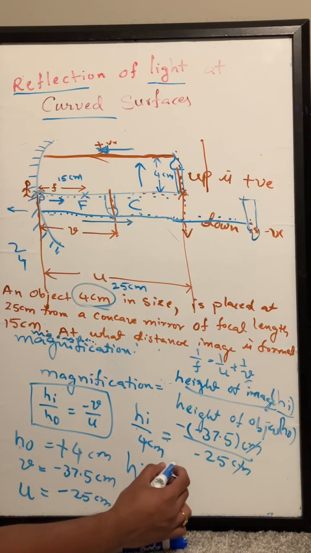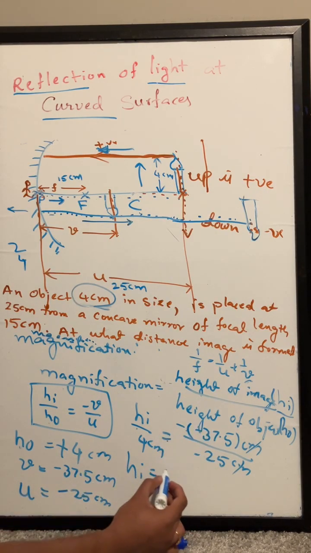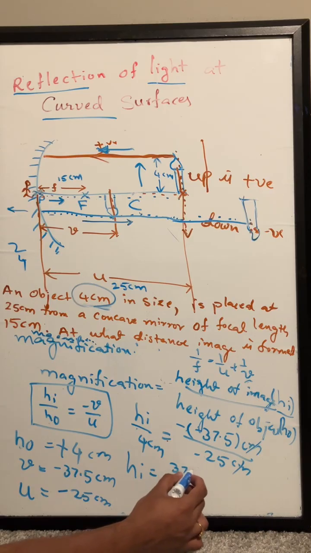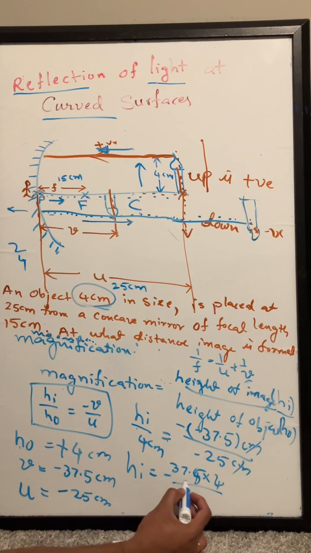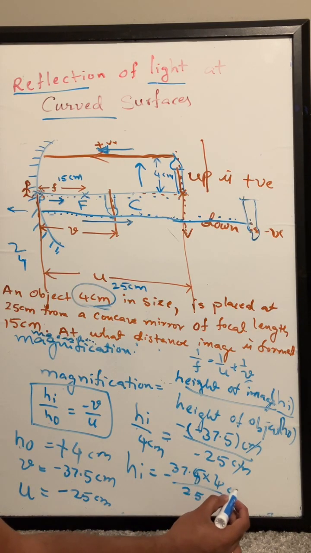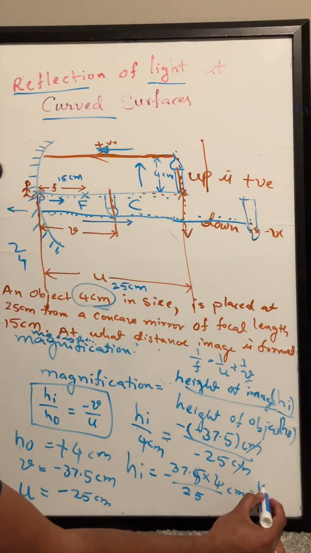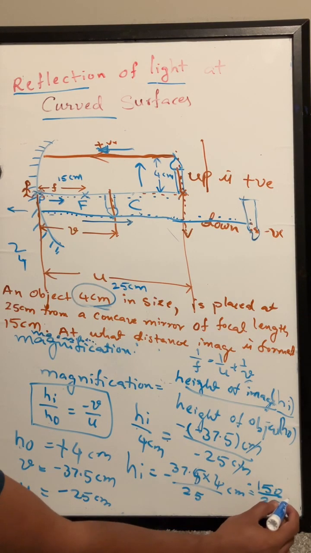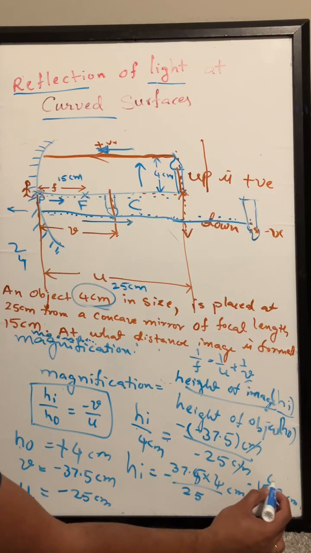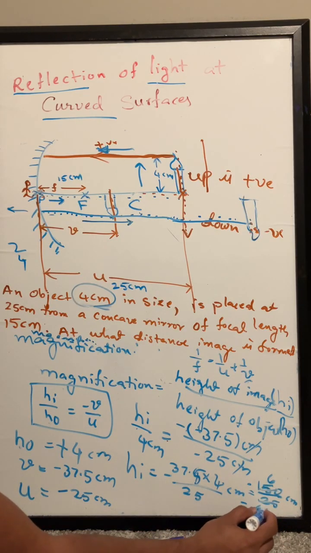HI equal to minus of minus is positive, 37.5 multiplied by 4 divided by minus 25 centimeters, which is equivalent to 150 divided by 25 centimeters. So 6 centimeters, minus 6 centimeters.